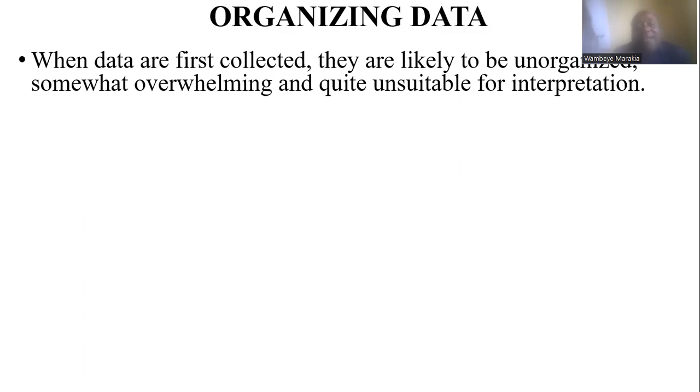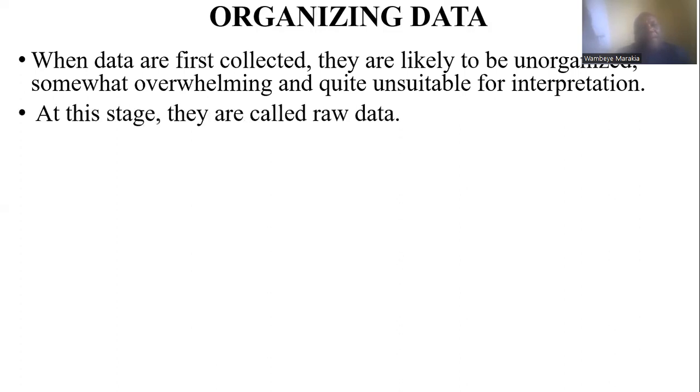Now, this data that has been collected is unsuitable for interpretation because it's not organized in any way. So the researcher needs to put this data in order for it to have any meaning. At this stage, this data that is unorganized, we call it raw data.